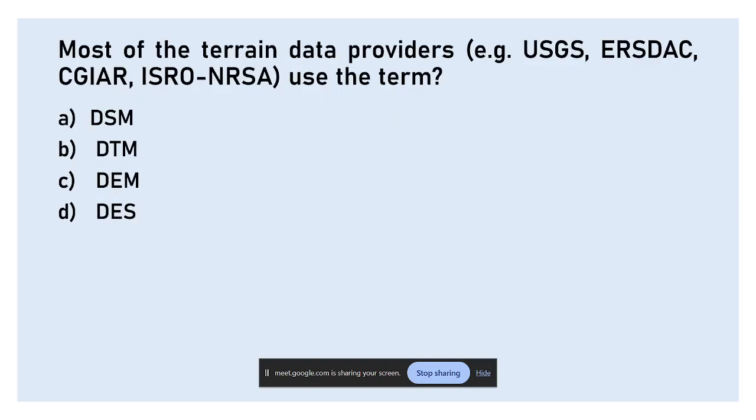Most of the terrain data providers, USGS, ERSDAC, CGIAR, ISRO, NRSA, use the term, like what do they use? Although we don't have a universal usage, but still.